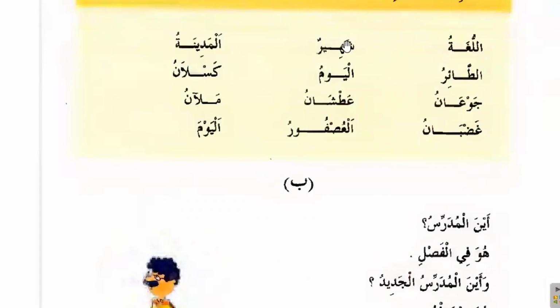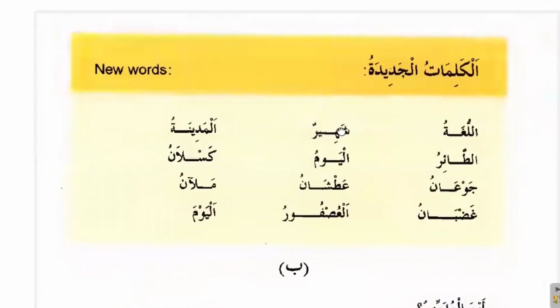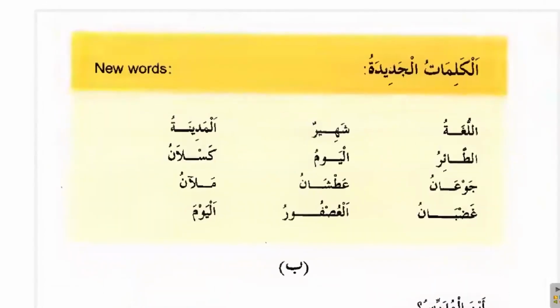Okay, so I have it here. The new words. We are looking at the new words. So we have here al-lugha, the language. Shahir, famous or popular. Al-madina, the city. At-ta'ir, the bird.